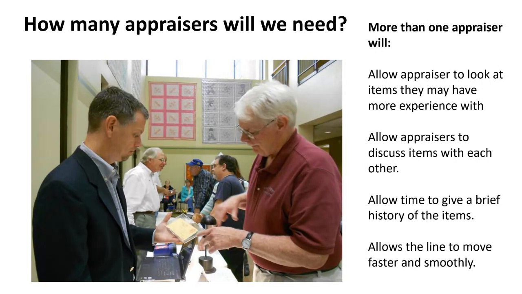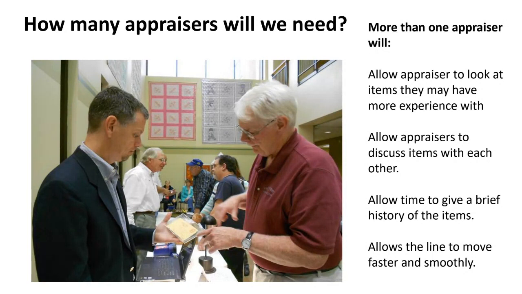This will allow the appraisers to look at the items that they are more experienced with. In other words, I've been with them long enough that I know if you bring in a painting, then I'm going to let Steve, the younger one with the ISA, look at that.